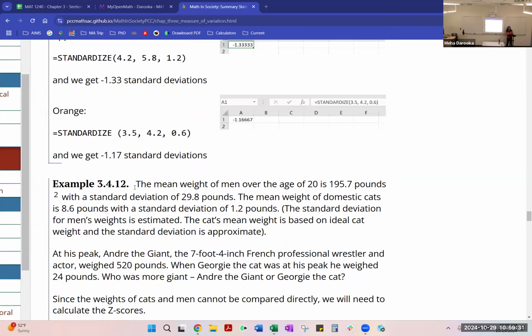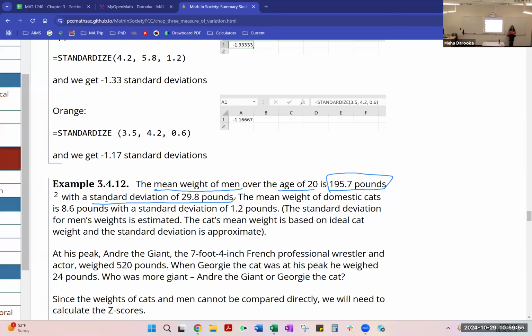Before we look at the solution, let's take a look at the question. So this guy's talking about the mean weight of men over the age of 20. The mean weight of men over the age of 20 is 195.7 pounds, with a standard deviation of 29.8 pounds.